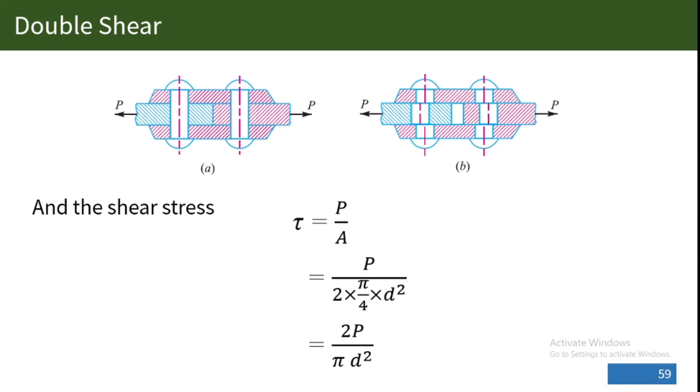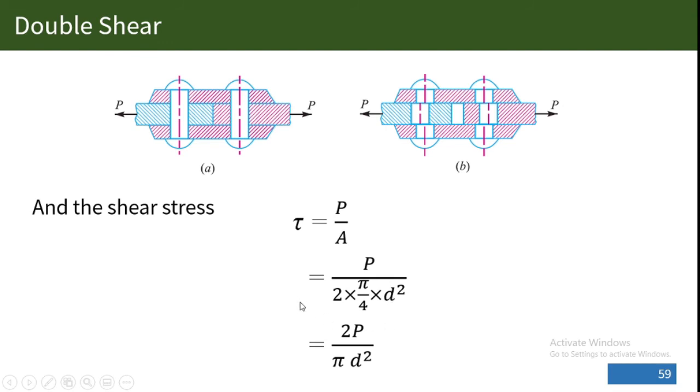And the shear stress, from the equation in getting the stress, tau is equal to P over A. So substituting the resisting area, P over 2 times pi over 4 times d squared. We further simplify and get 1/2 pi times d squared.